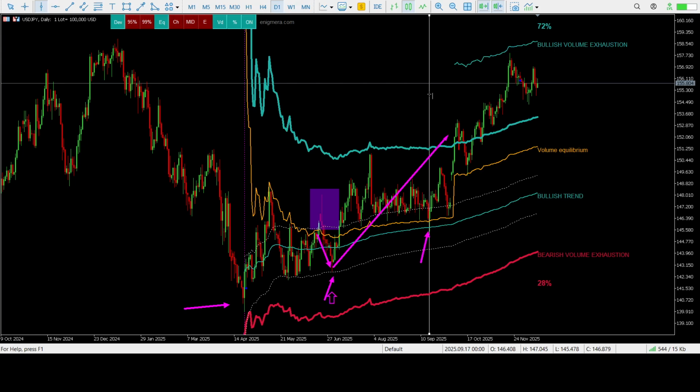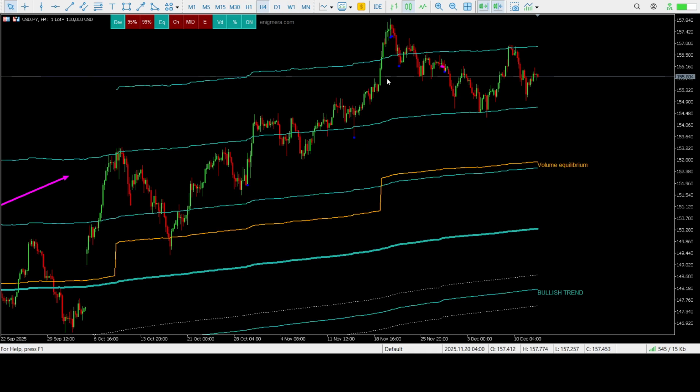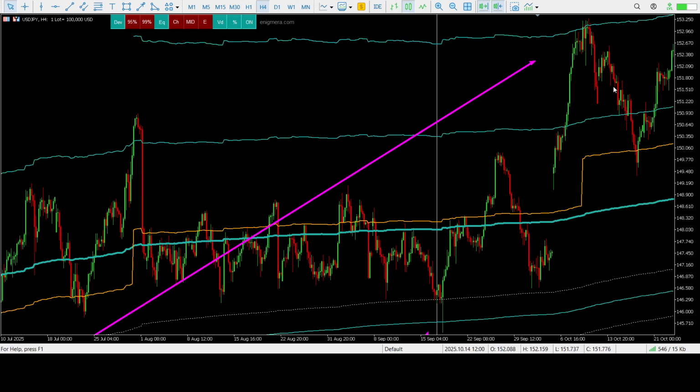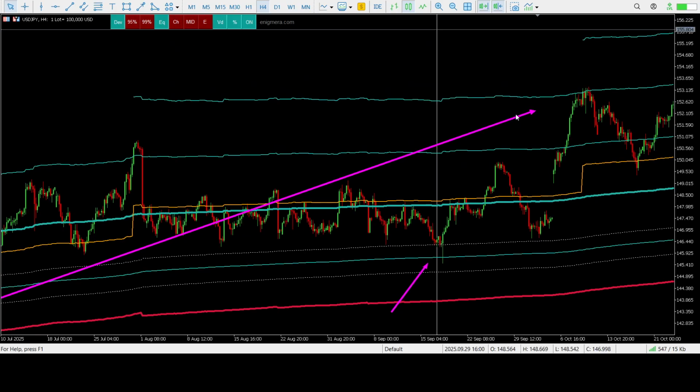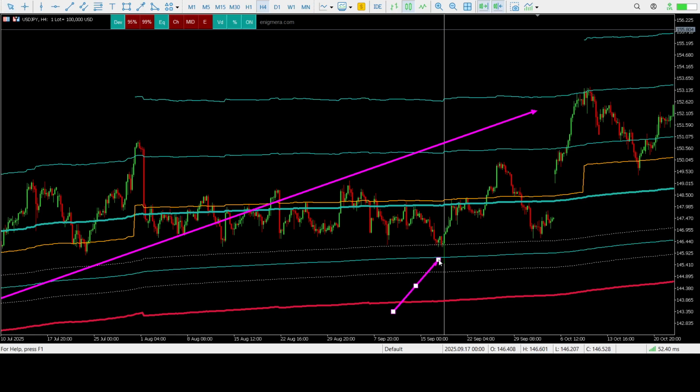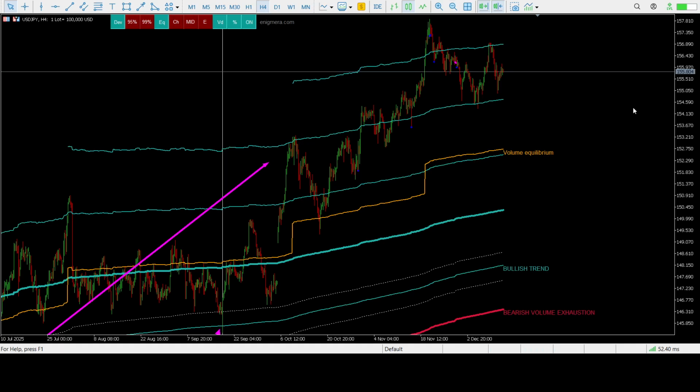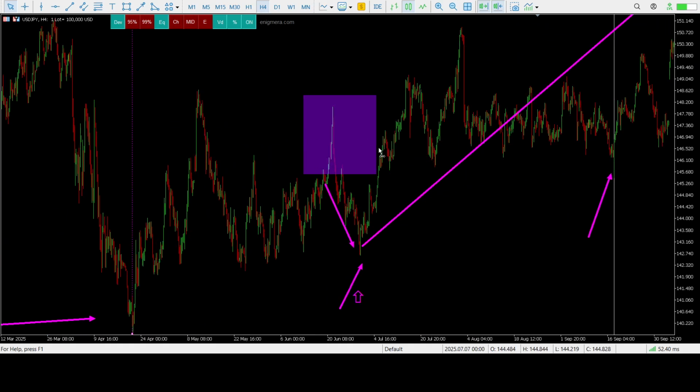I will insert a line here, and we'll go to 4 hour, here at this place, and right now I will check the 4 hour time frame chart.